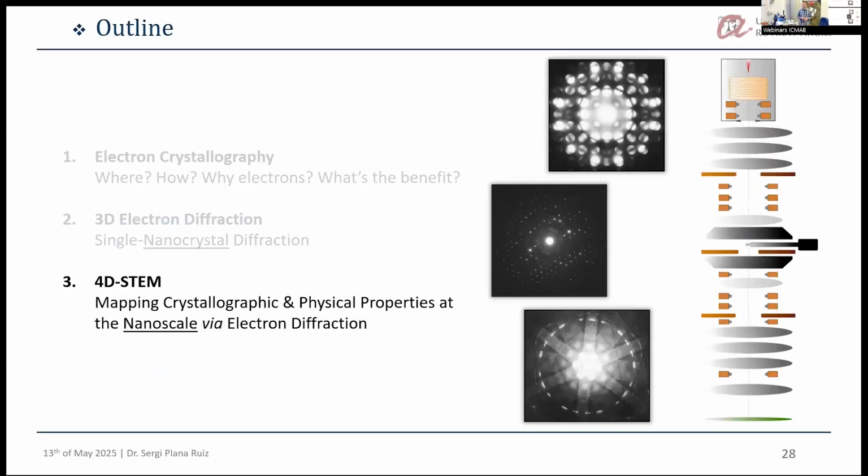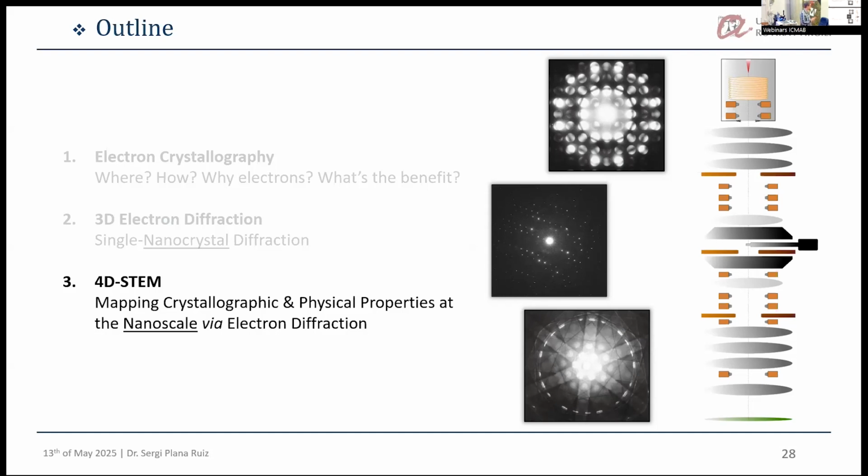Okay, up to now, we have described what 3D ED is and some examples. What I have shown is that with 3D ED we can do cool stuff, right? For example, for organics, we could detect the hydrogen positions. For these heterostructures, we could determine the epitaxy. For chiral zeolites, we can determine the chirality of every crystal in our sample.